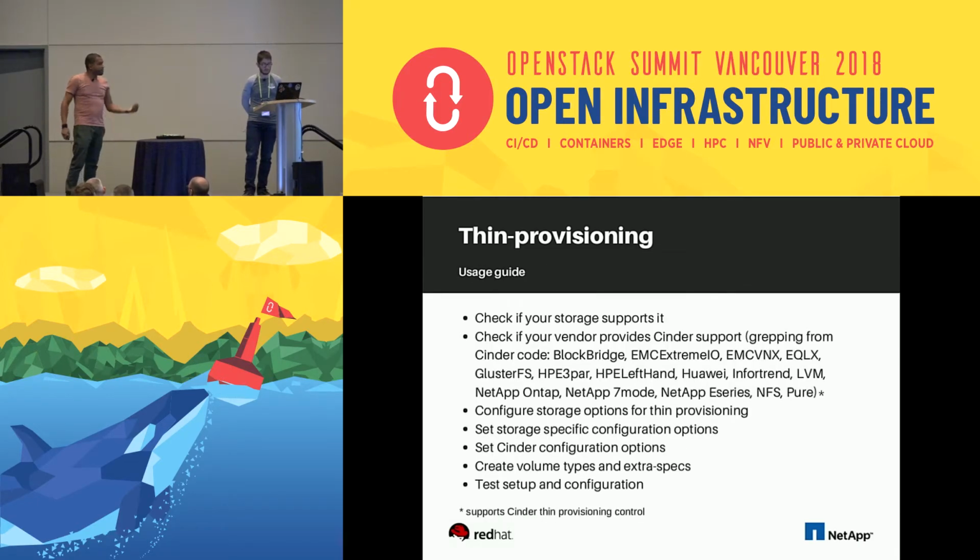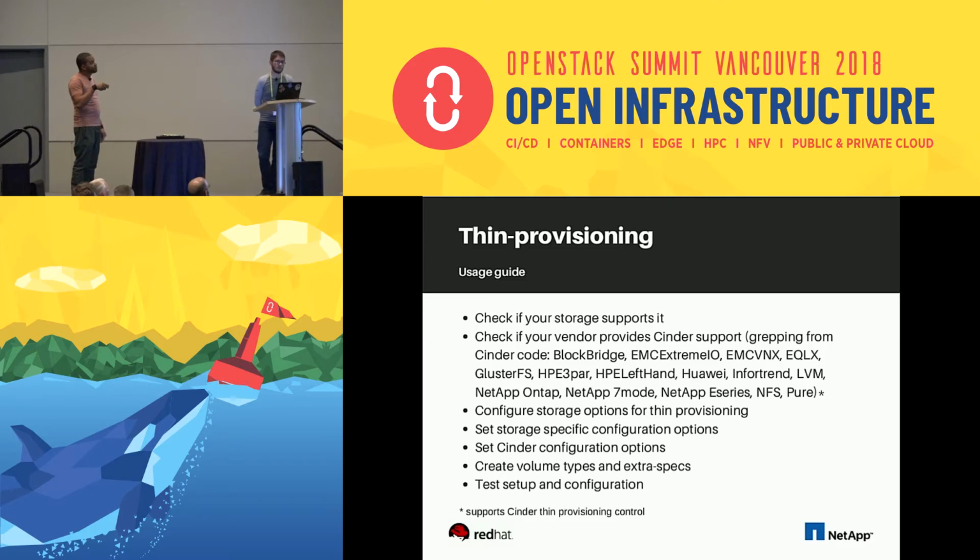So, as a usage guide for thin provisioning, the first thing that you have to do is check if your storage supports thin provisioning. And that can change a bit, because some storage supports thin provisioning, but doesn't support creating a thin provisioned volume, or doesn't support it the way that Cinder understands thin provisioning.